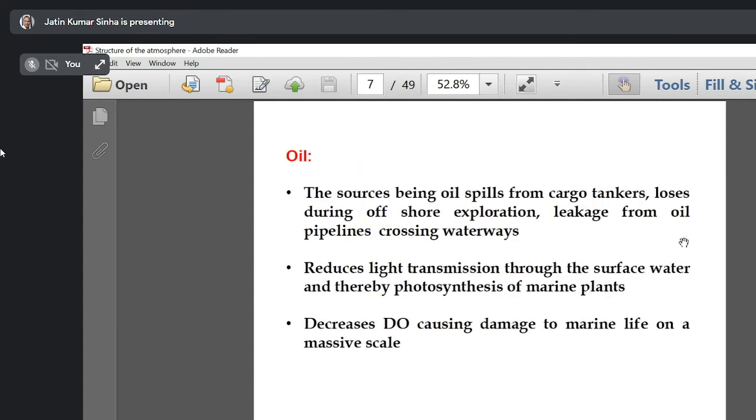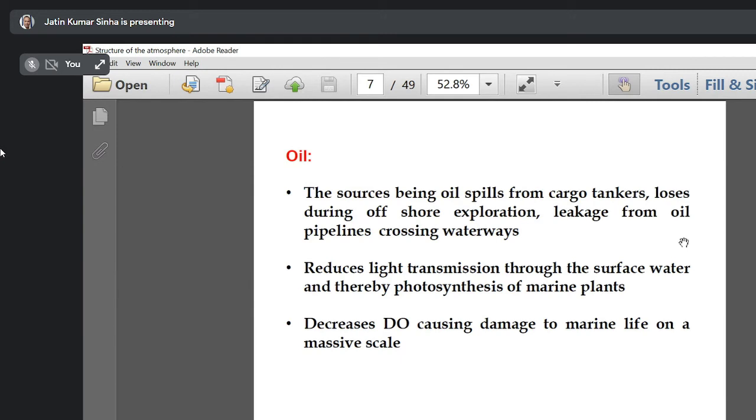Then comes the oil. In terms of organic pollutants, oil pollution is a very rare event. It happens through leakage or accidents at sea, from cargo tankers and from oil pipelines, because the pipelines are spread below the sea level.